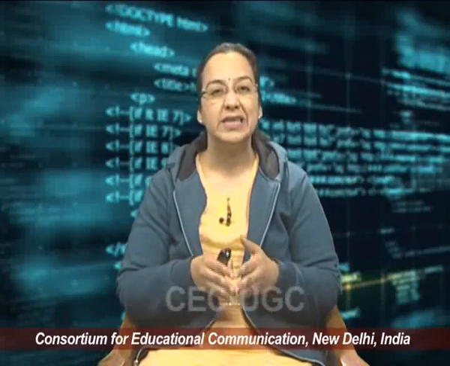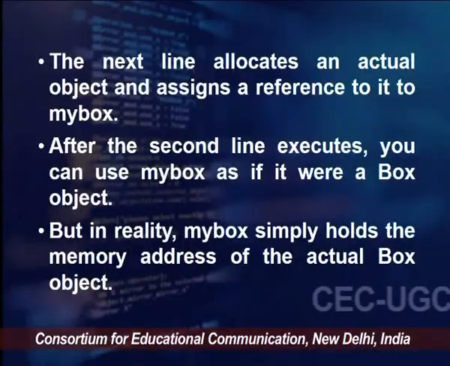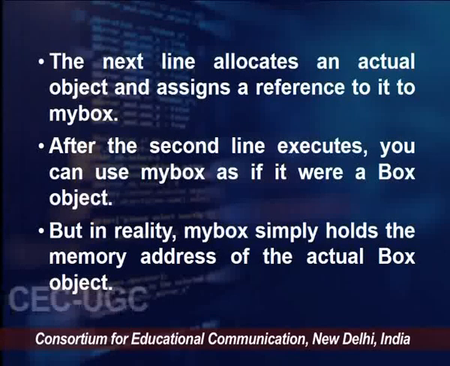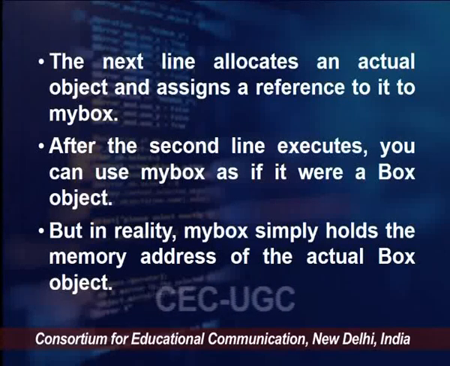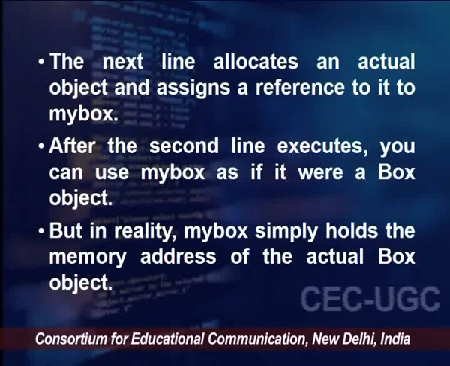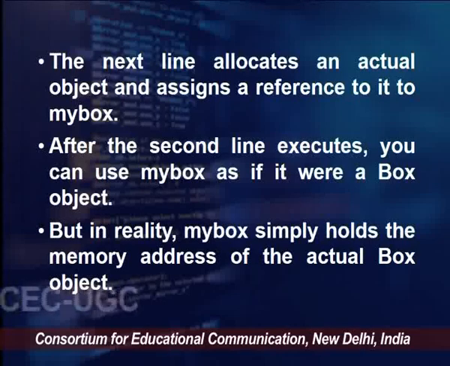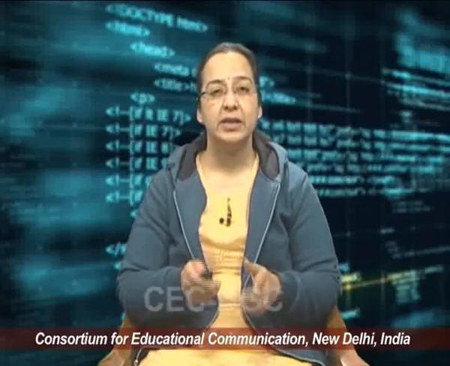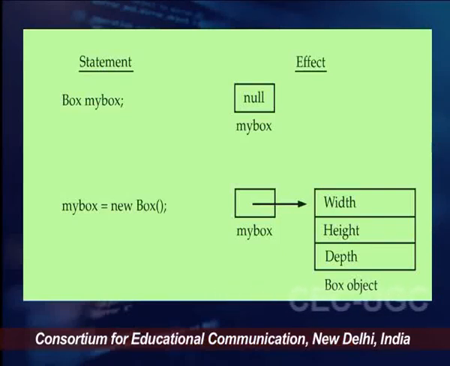myBox will be ready for use after the second line, which allocates an actual object and assigns a reference of that actual object to myBox. In reality, myBox is the reference variable which simply holds the memory address of the actual Box object, and this is depicted in this figure. First, if we say Box myBox, a myBox reference variable is created, which presently has no value, so null is shown here.